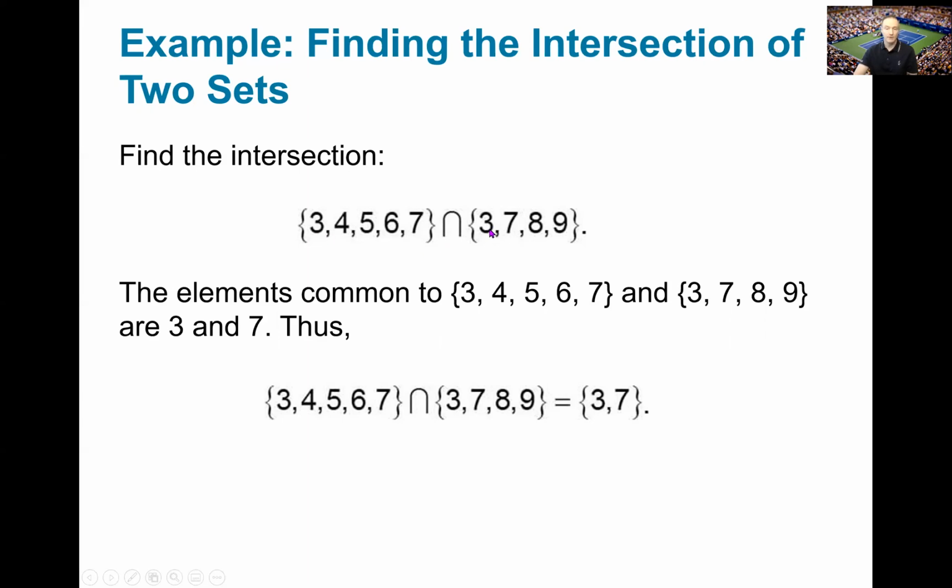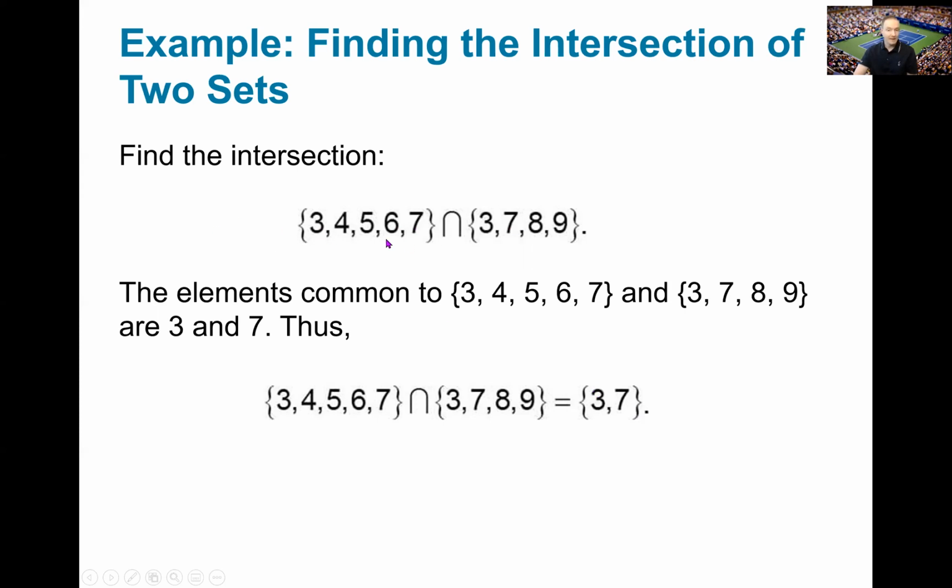Yeah, it's in both sets. So the first set intersected with the second set would contain 3 because it's in both sets. Would it contain 4? Nope, not in the second set. Would it contain 5? Certainly not. 6? Nope. 7? Absolutely. So only 3 and 7 are in both the first and second set.